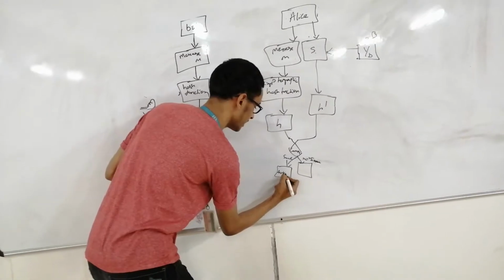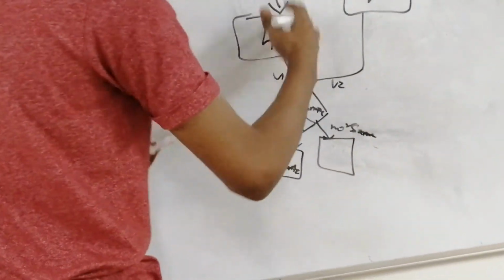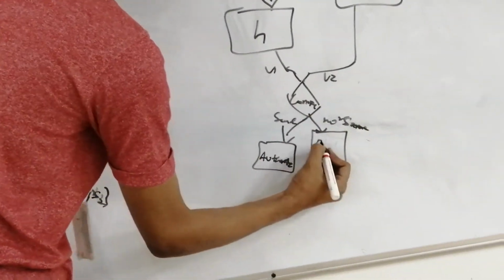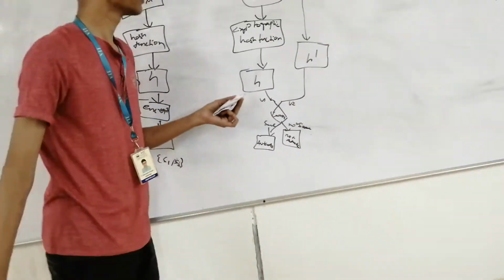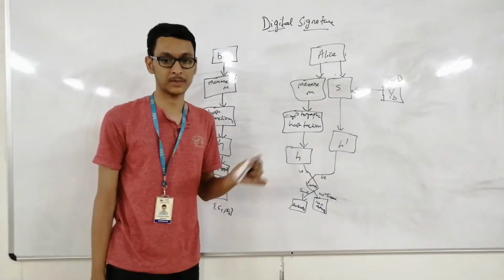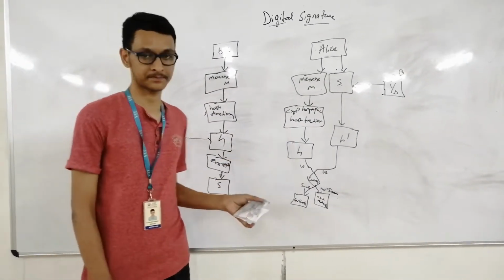If they are the same, V1 and V2 or H and H dash, then it means that the signature is authentic. Otherwise, it is not authentic. So that brings us to the detailed explanation of the general model for the digital signature process.